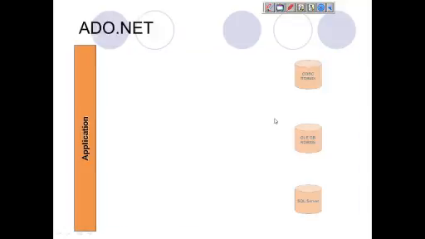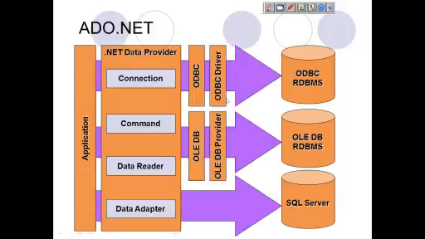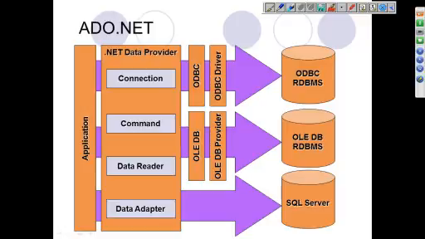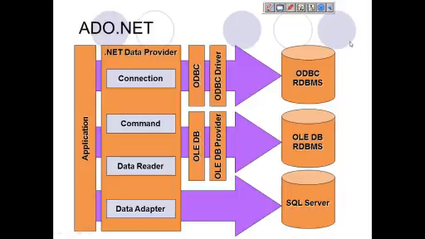So these are different providers based on the different protocols data sources use, and the .NET framework has written all these providers. These are the different data provider objects: connection object, command object, DataReader object, DataSet object. This is the application where the dataset will be, and these are different databases. These providers ultimately communicate with these databases through their objects.